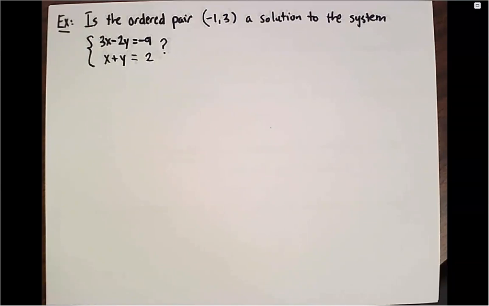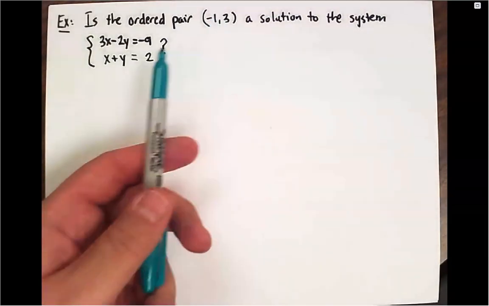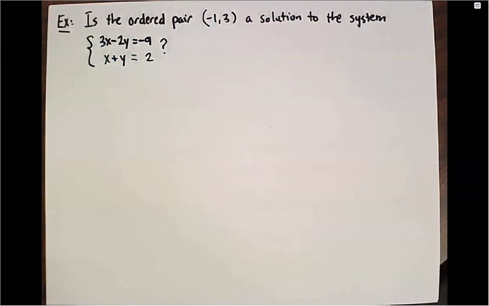I need to take this ordered pair and plug it into both of those equations for x and y. If it is a solution, the left-hand side will equal the right-hand side on both of them. If it's not a solution, then it won't. It only takes one of them not to work for it not to be a solution. But for it to be a solution, this ordered pair has to work for both equations.